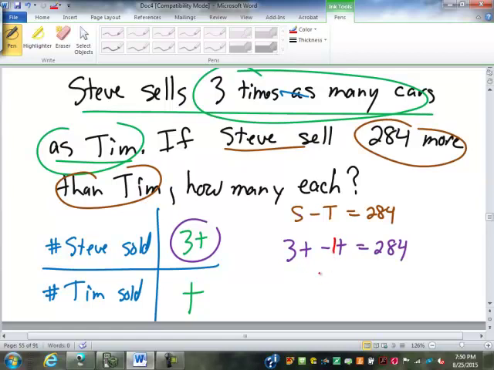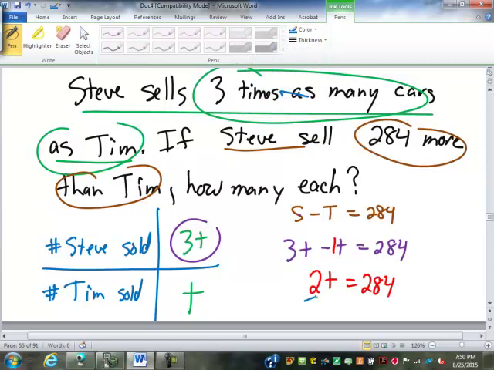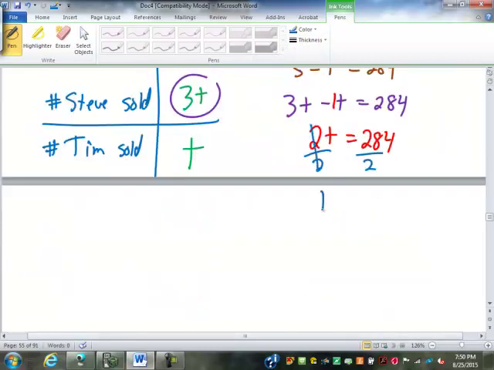You got it. 3T minus 1T is 2T equals 284. And divide by 2. So T equals 142.